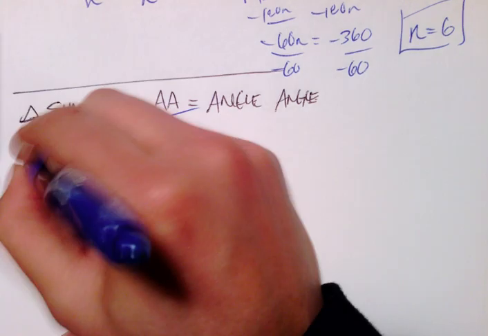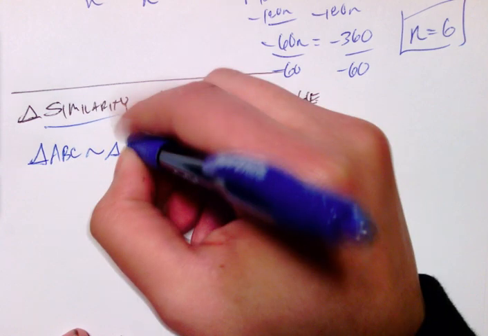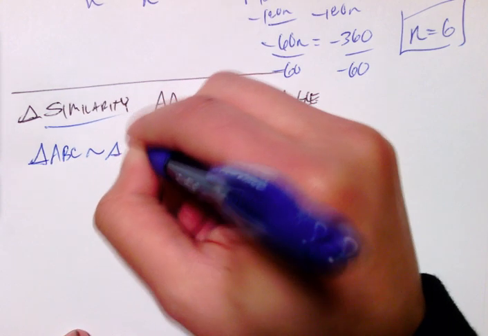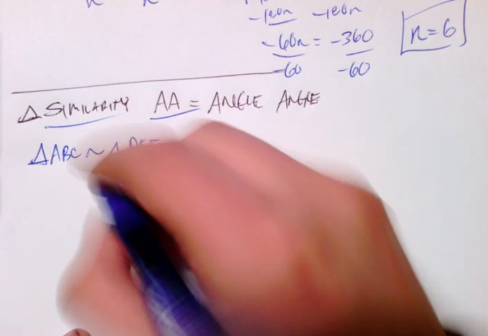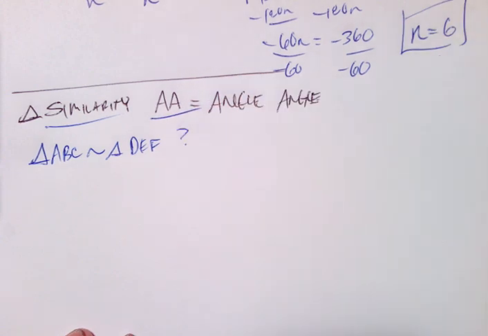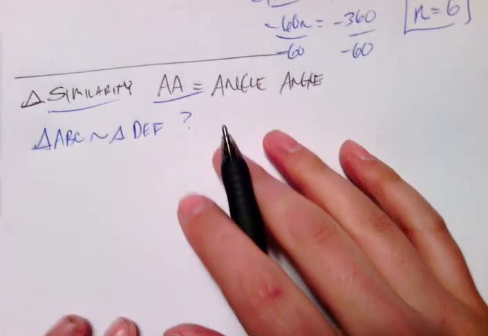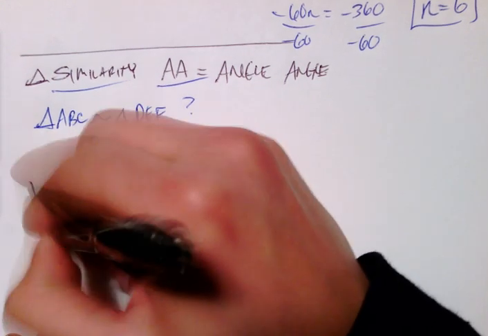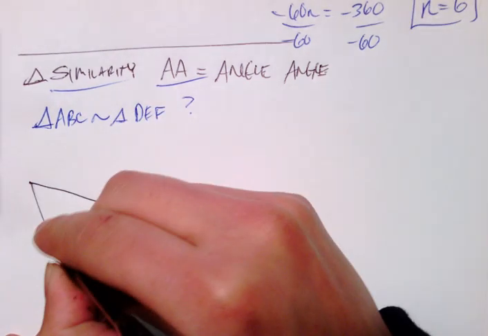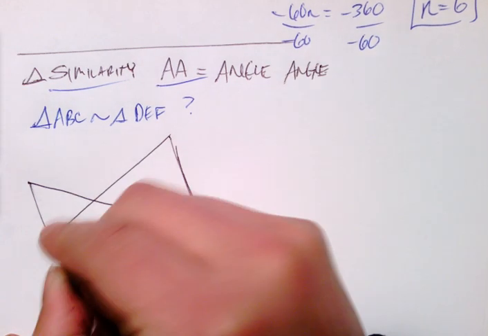So let's say, is triangle ABC similar to triangle DEF? Here's a good example that a lot of students see.